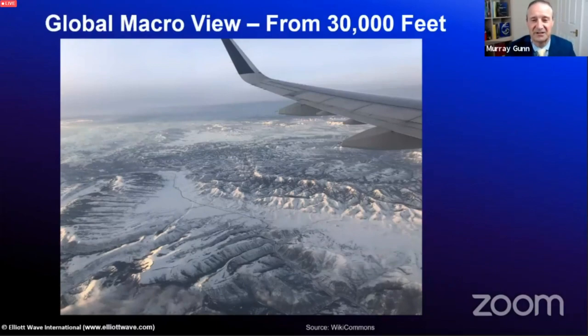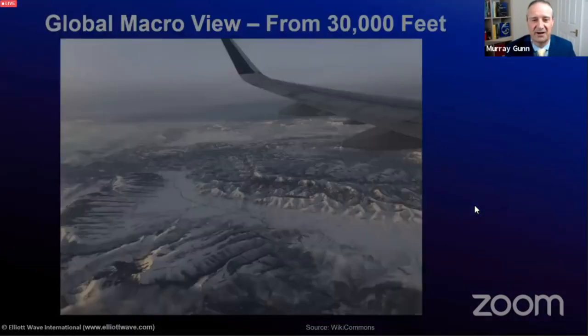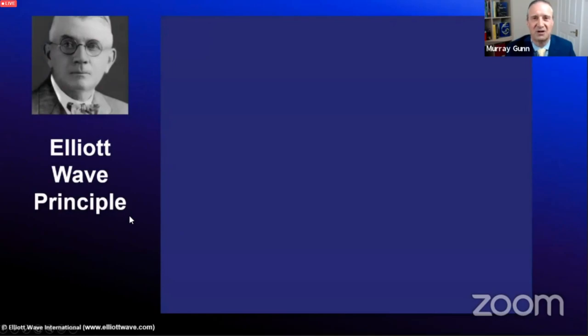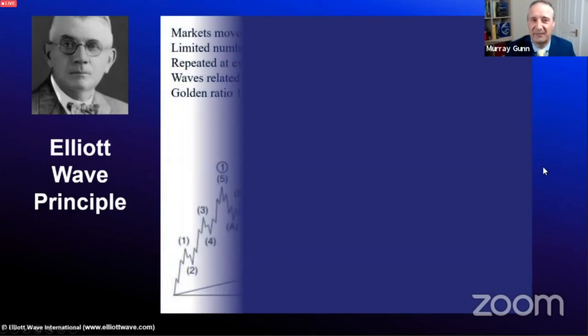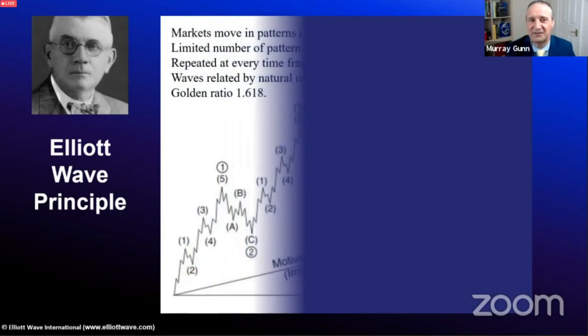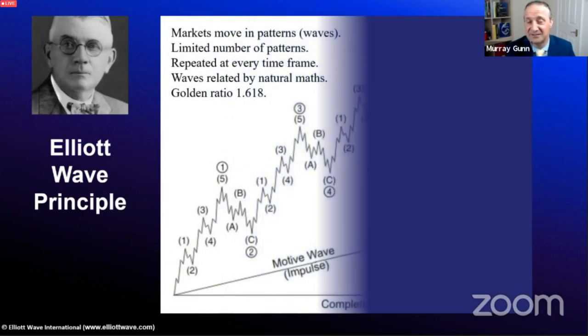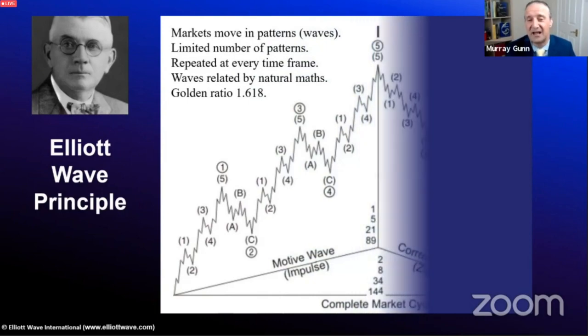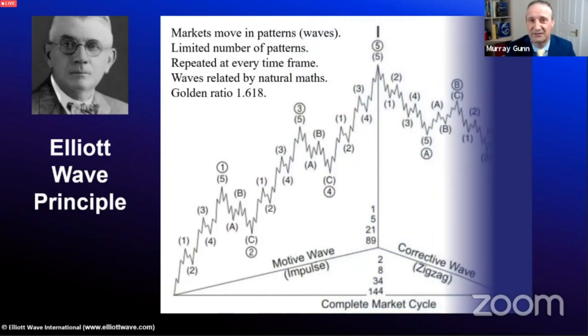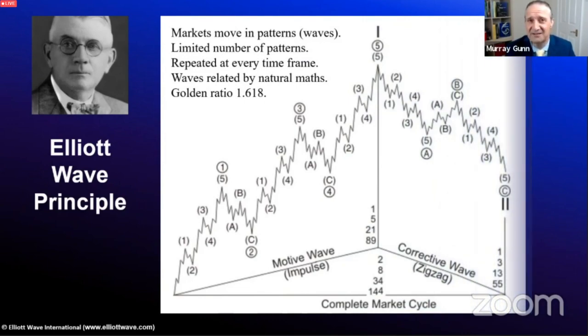Before we start with that though, just to give you a bit of background about us. Our work revolves around this man here, Ralph Nelson Elliott, and his discovery of the Elliott wave principle. Back in the 1930s, R.N. Elliott discovered that markets move in a series of patterns which he called waves. Using his empirical research, he found that there was a limited number of patterns in the stock market, and really crucially he found that they repeated at every time frame.